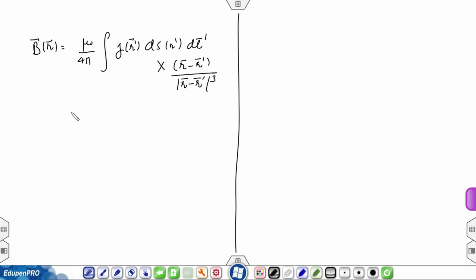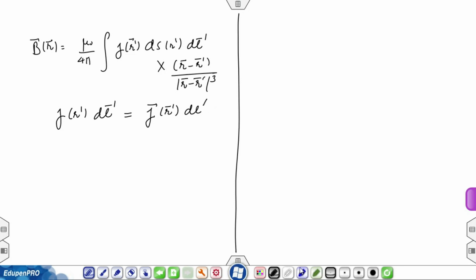Since dl prime is in the direction of the current and j is in the direction of current, I can write j r prime dl prime as equal to, put that vector sign over j r prime dl prime.